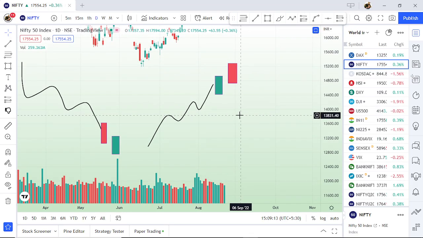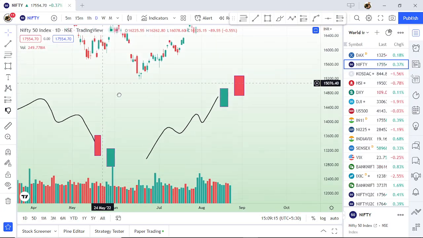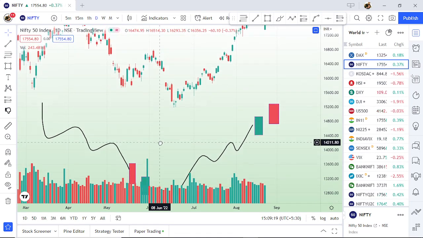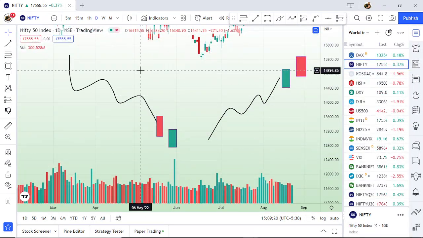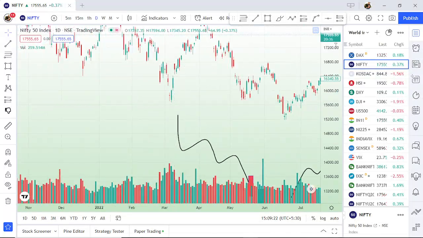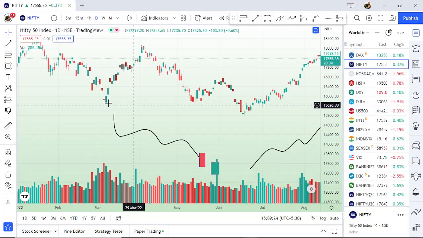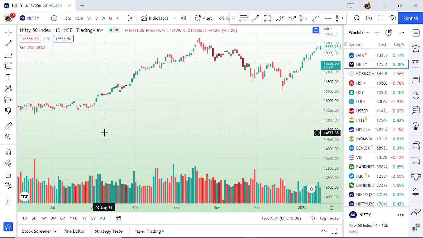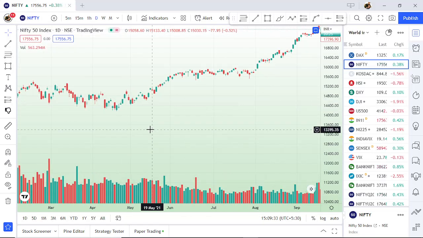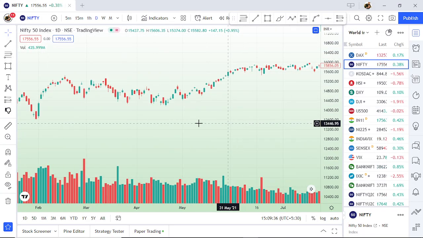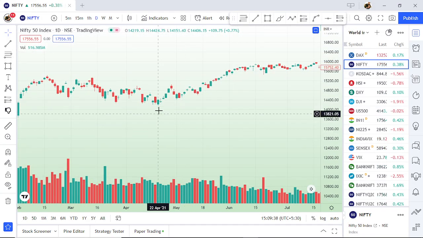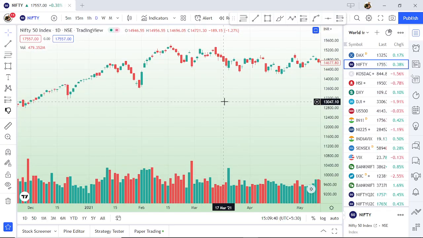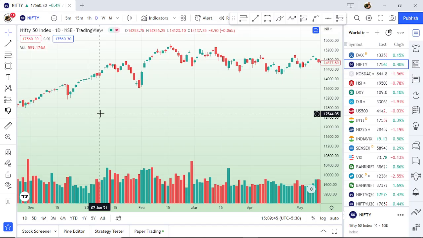Here let's look at some examples of this first. This is a piercing candle. Let's look for piercing candles. There can be a lot of piercing candles. I'll give you one very good example. Even here this is a piercing candle, but let's look for a more effective piercing candle.